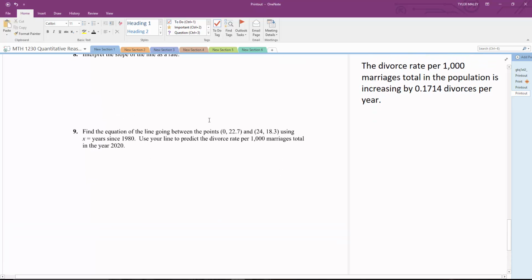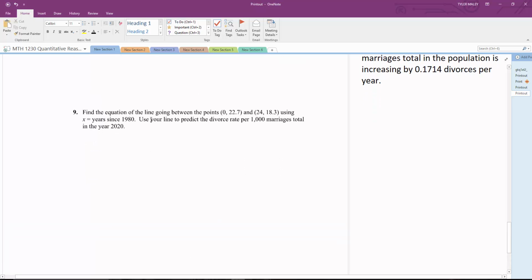And then lastly, number 9 asks us to find the equation of a line going through these points using x as years since 1980, and then use my line to predict the divorce rate per 1,000 marriages total in the year 2020. All right. So remember y equals mx plus b, right? My slope intercept.